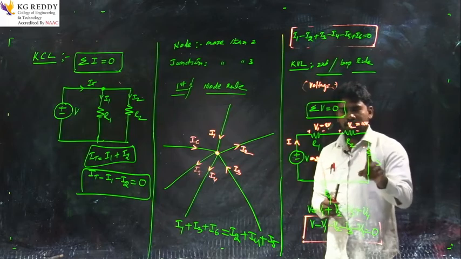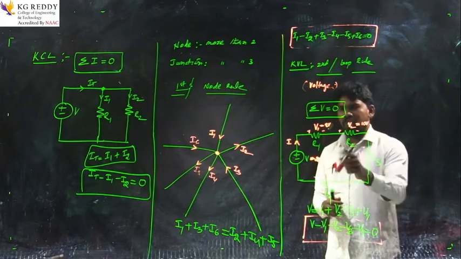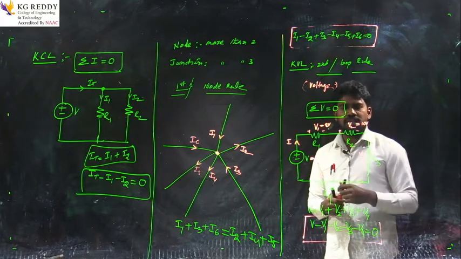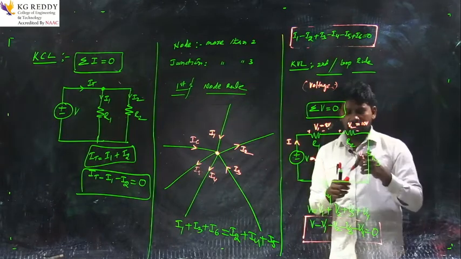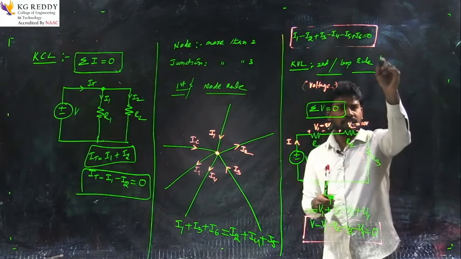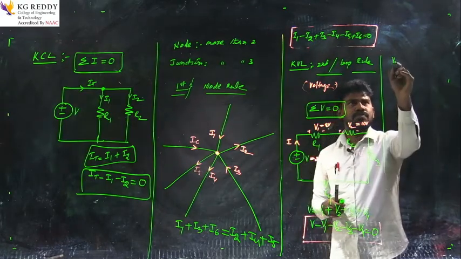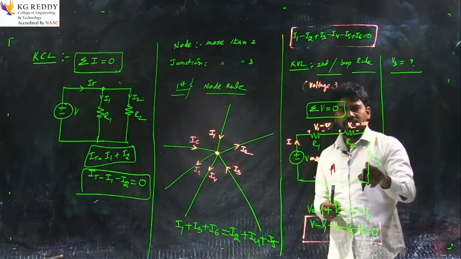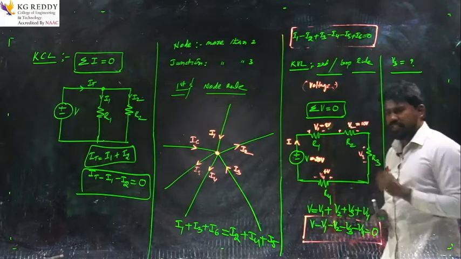Out of these 5, one is an unknown voltage and the remaining are known voltages. My aim is to find the voltage across R3, that is V3. So this is my question.